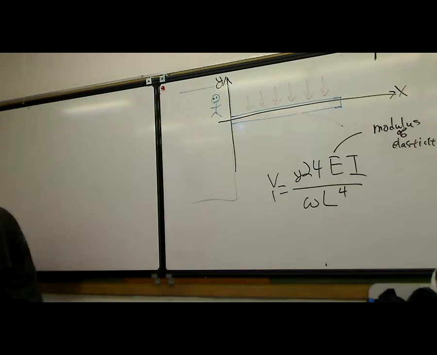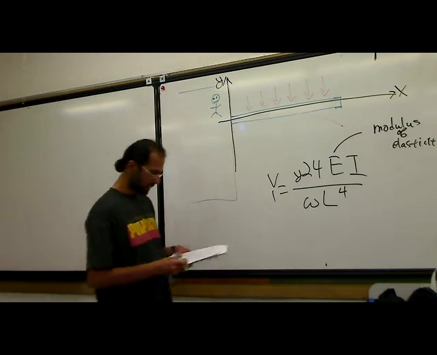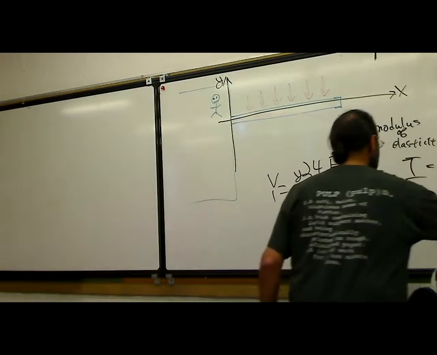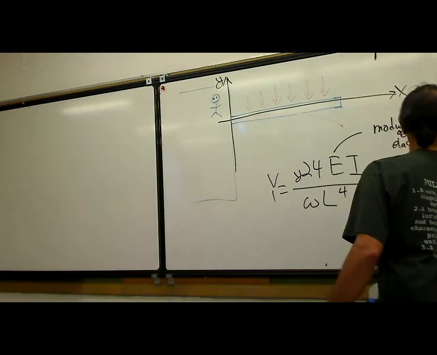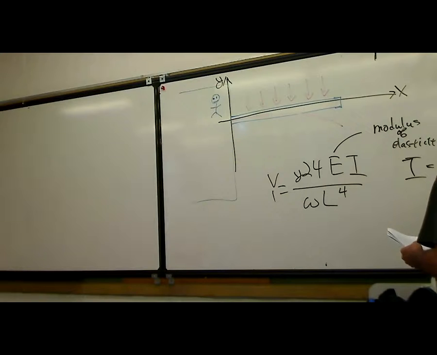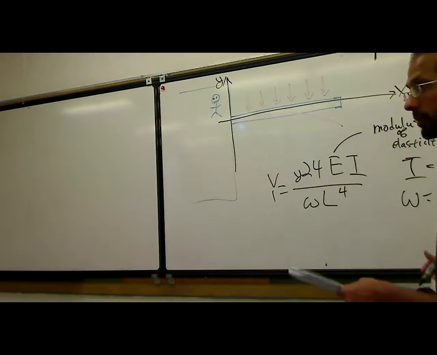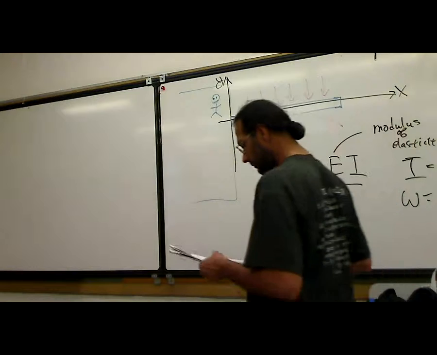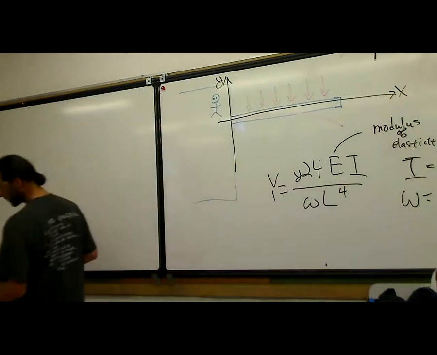Then we have I, which is a bit of the profile of the beam itself. It's the moment of inertia. And then omega is the load per unit width of the beam.